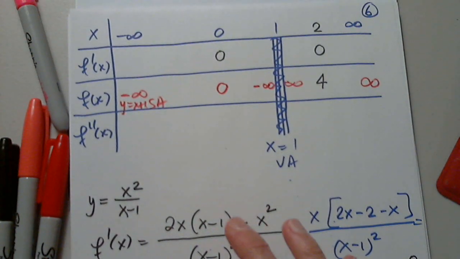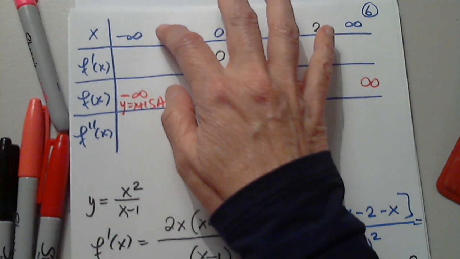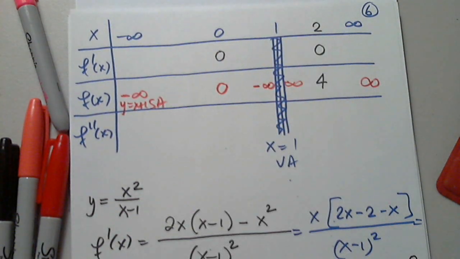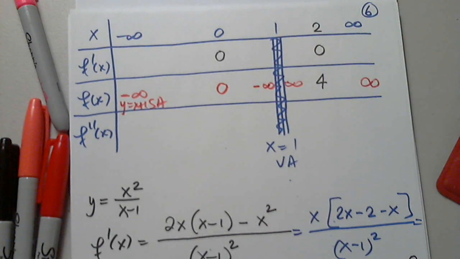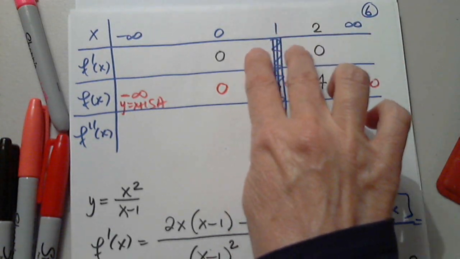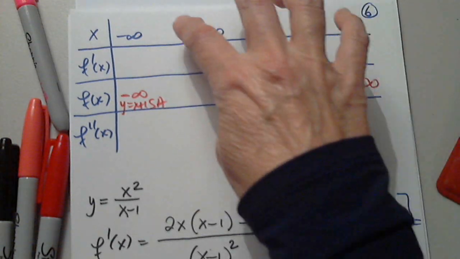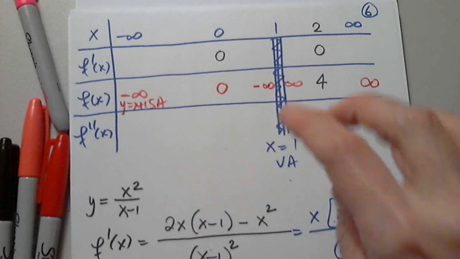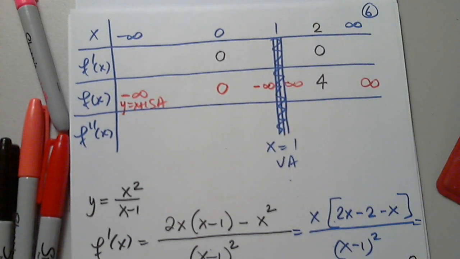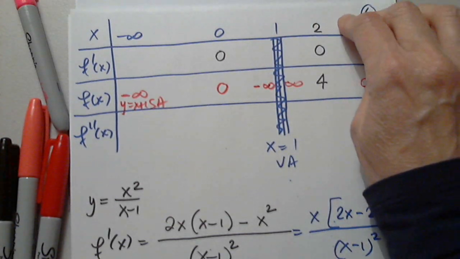Good. So in x times x minus 2, I will plug in negative 10. What is the sign? Then I will plug in, I can even plug in 1. It doesn't matter. The sign. And then with 10. So with negative 10, what do I get? Just the sign. I don't care for the number. Then you can plug in 1 because we're not plugging in the denominator. And we can plug in 10.